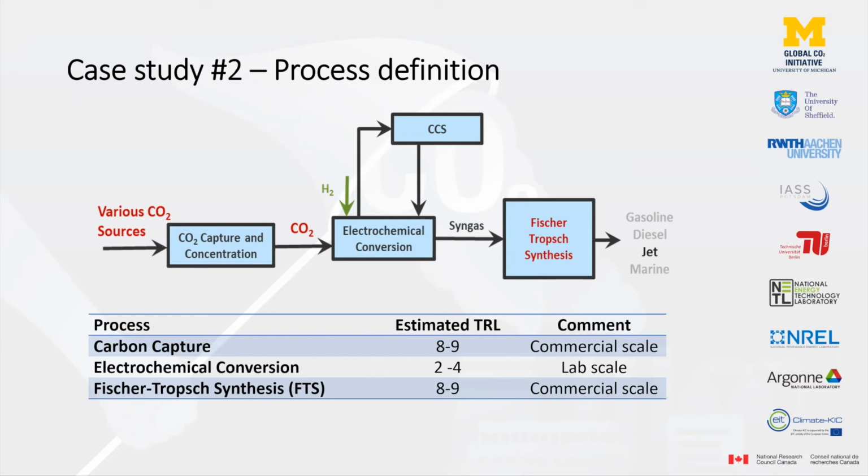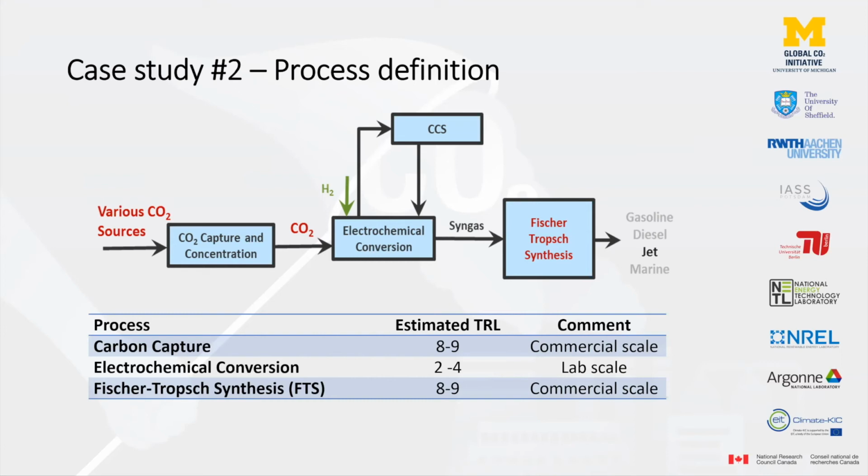We divided the process into three major sectors: carbon capture, electrochemical conversion of CO2 to syngas, and the Fischer-Tropsch synthesis, the FTS part. The uniqueness of this case scenario, in comparison with the previous one, is that the core conversion parts don't have the same level of TRL.